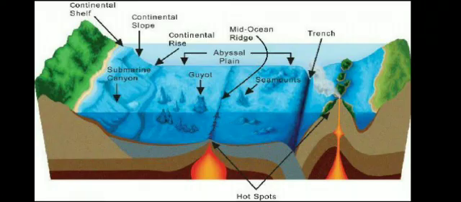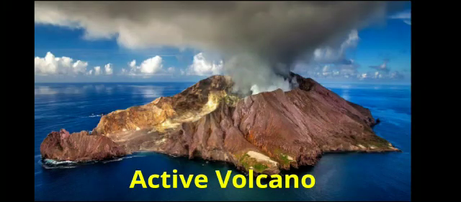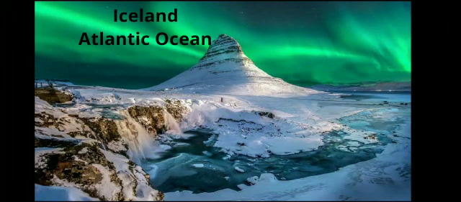This is the active volcano area near these trenches. Now see, this is the image of an active volcano in the ocean. Now see, this is an island in the Atlantic Ocean.